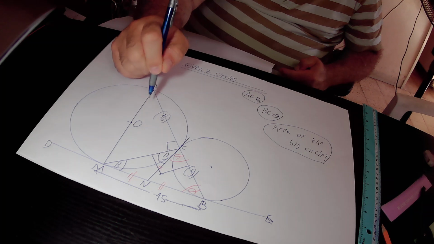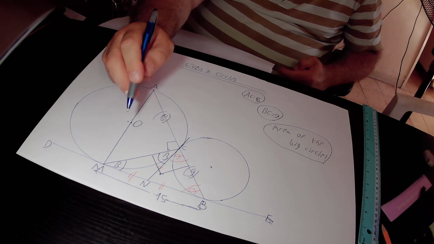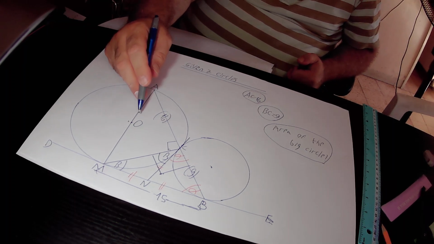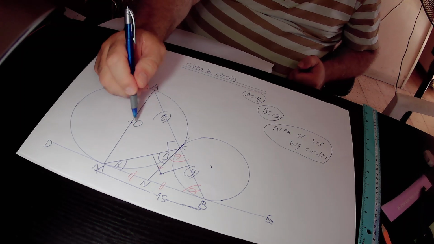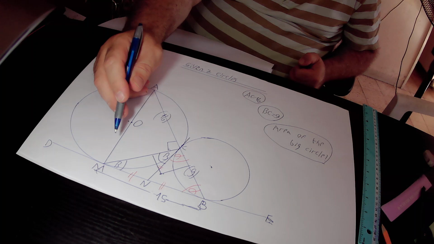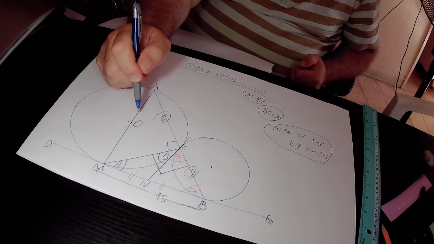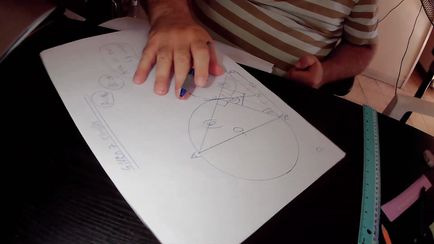You can see that point O is indeed located on AM, which is the diameter of this big circle. Point M is a point on the big circle itself. Therefore, OM is the radius of this big circle. We'll define the radius OM of this big circle as R. So OM equals R. This is the radius of the big circle.